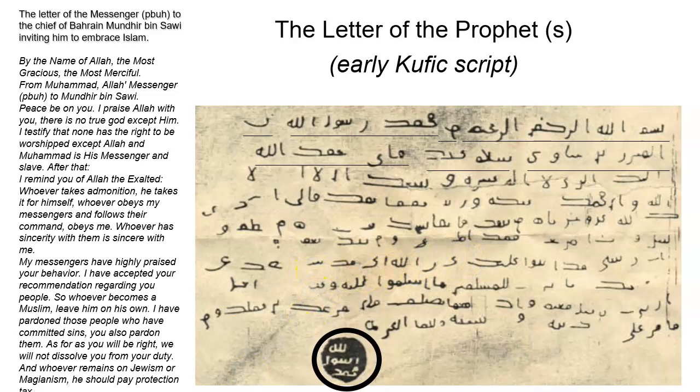So there's more to it. You could read about this, the translation of it, and how this letter gives us a window to look into the earlier writings. And it's important to recognize writing. 1400 years of manuscripts.